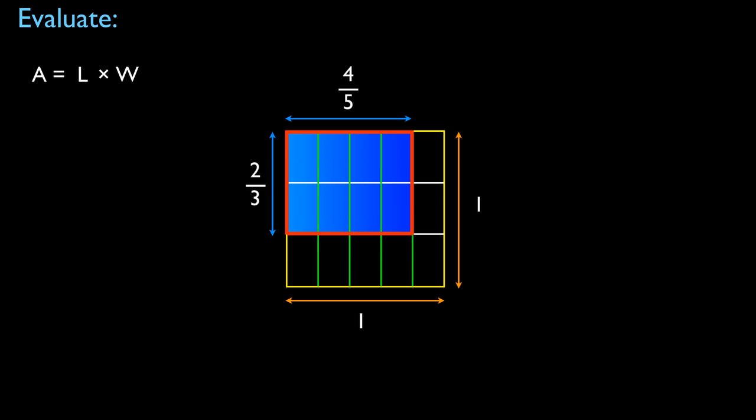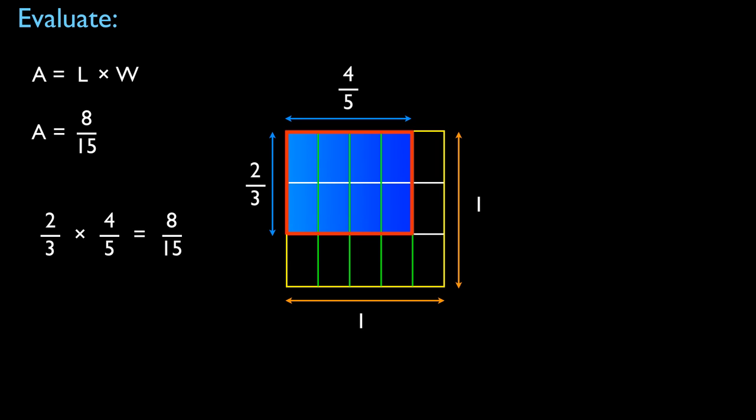So the area, because the overall square is 1 square unit, the area of the blue rectangle must be 8/15. But then we also recognize that if you multiply length by width, that also gives you area. We can conclude that 2/3 times 4/5 must in fact equal 8/15.